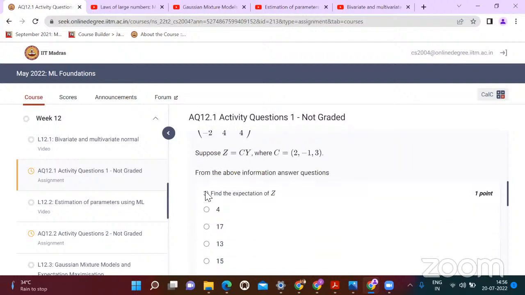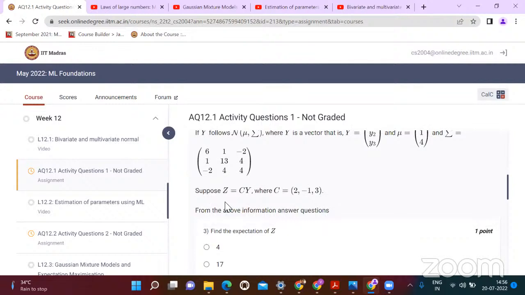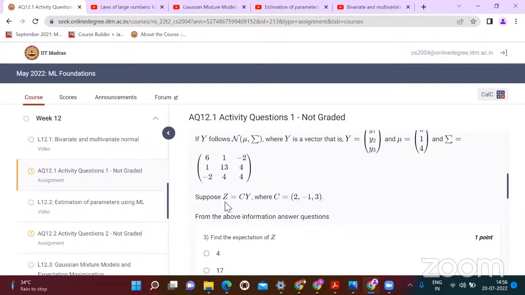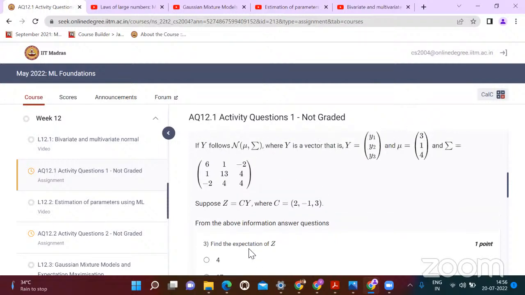So if you need to calculate the expectation of Z, how will you calculate it? Okay, so this can be solved like this.